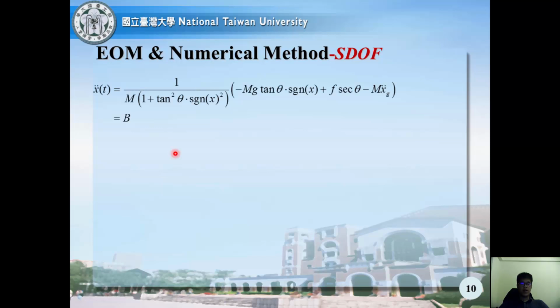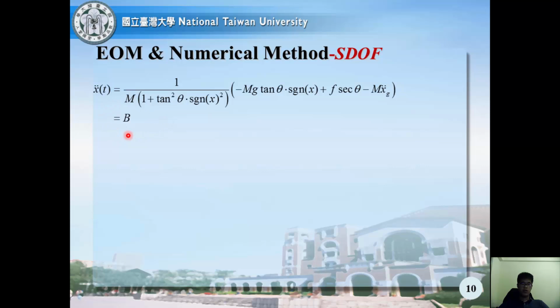The relative acceleration of the system can be rearranged into this form. The restoring force, the frictional force, and the ground excitation can be seen as constant values when the time interval is relatively small. So the terms on the right side of the equal sign can be seen as a constant value b.